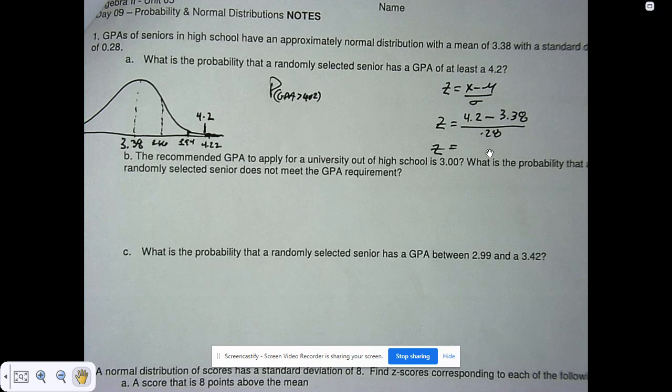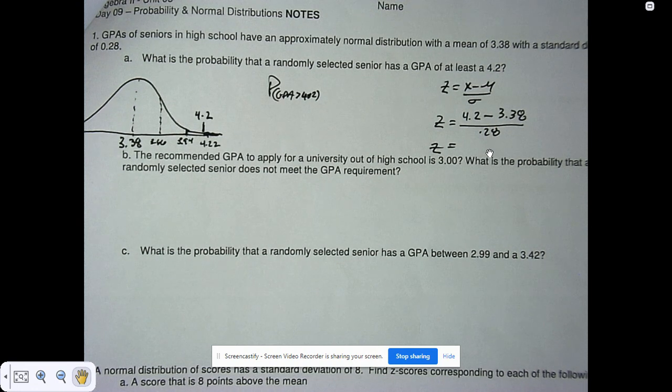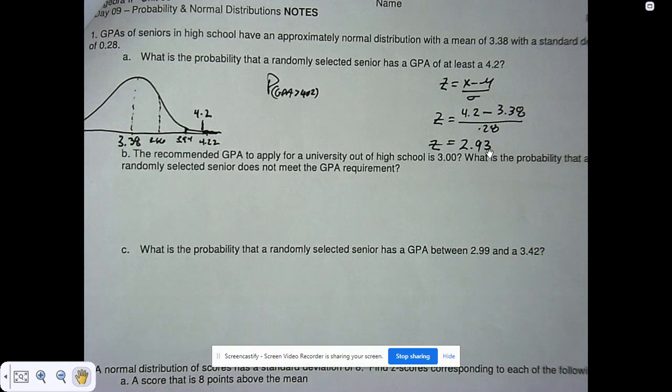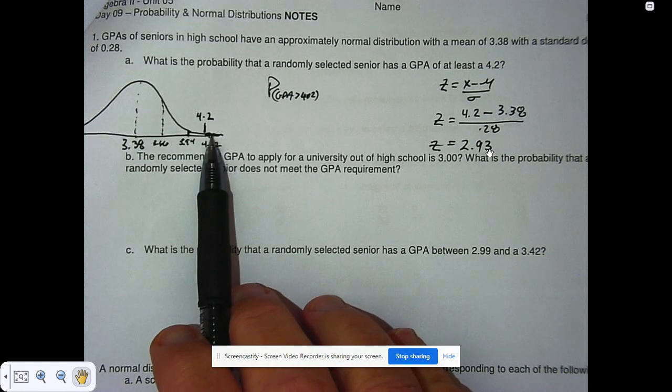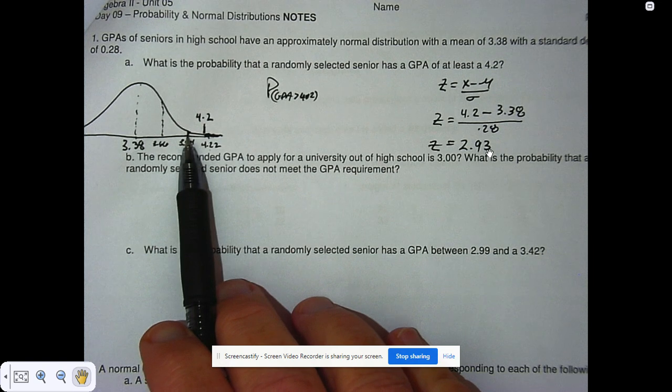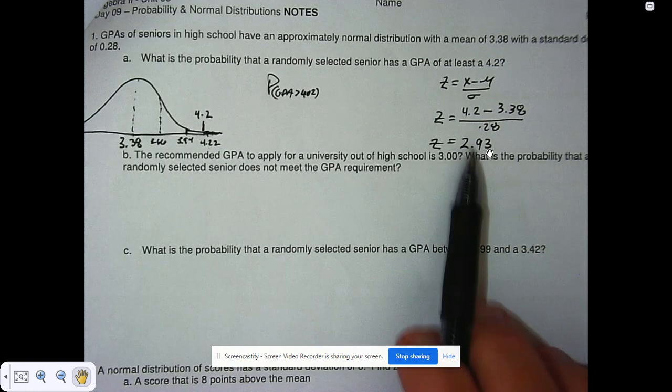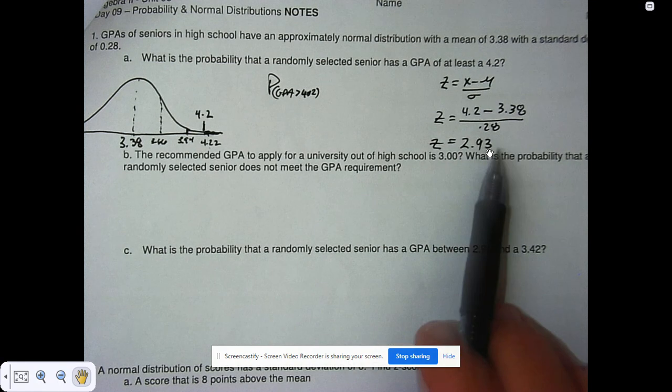Again, what z does is it tells you how many standard deviations you are above the mean. 2.93. That's rounded to 2 places. So this score, it's almost 3 standard deviations away. It's 1, 2, and 3. It's just in front of 3 standard deviations, and so you get this z-score of 2.93.